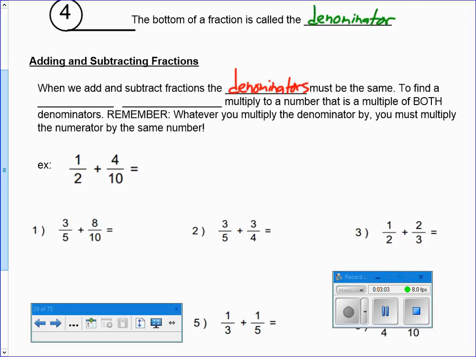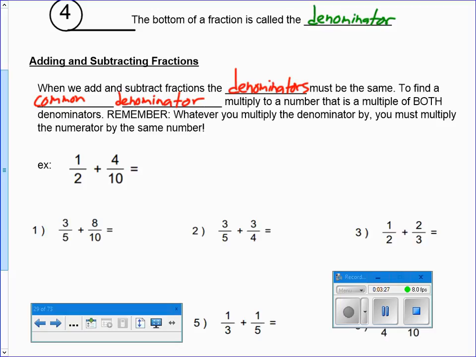So what we call this is a common denominator. Alright, so what we want when we add fractions is to see that these are out of the same number of parts. The denominator is the same.